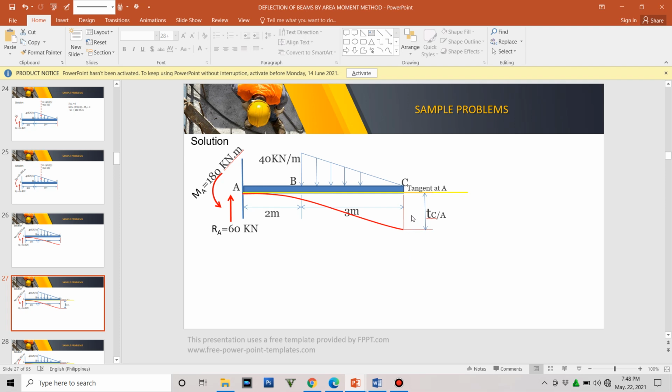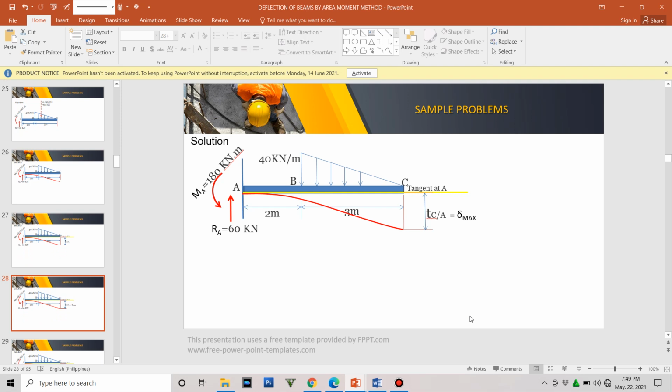This is the deviation at C, since this is point C. The deviation at C with respect to the tangent at A, this is the tangent at A, happens to be the maximum deformation. Okay?